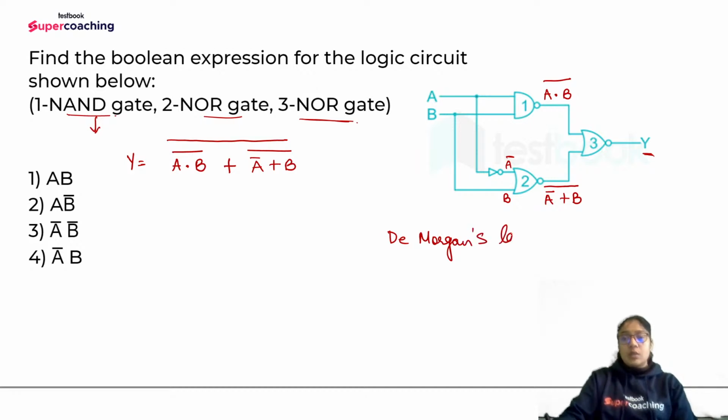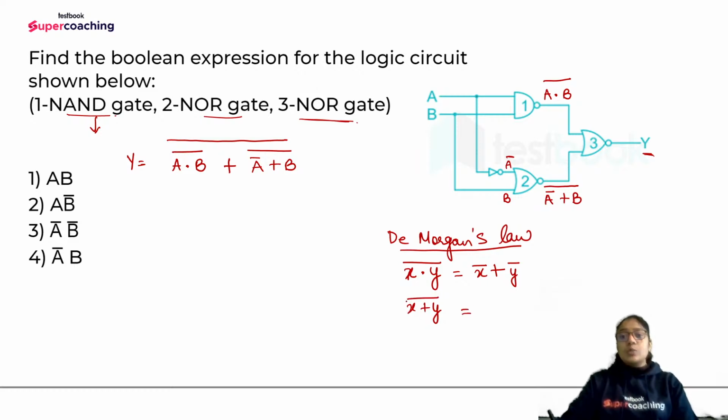De Morgan's law says that if you have x dot y whole complement, then we take the individual terms' complements: the complement of the first term, the complement of the second term, and if there is an AND in between, then it will be converted to OR, and if there is an OR in between, then it will be converted to AND. Here also it's x plus y whole complement, so I'll take the complements individually: x complement, y complement, individual terms' complement taken, and it will be converted to AND. So this is De Morgan's law.